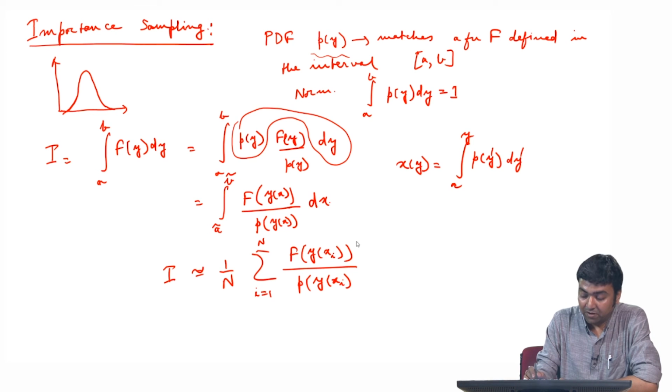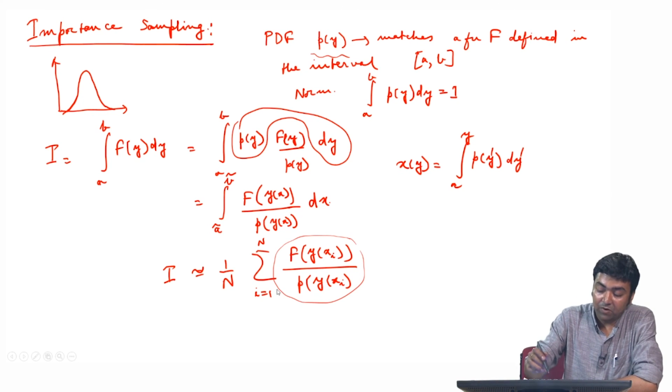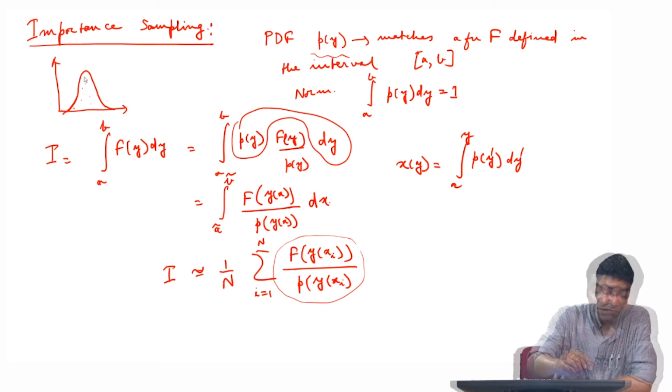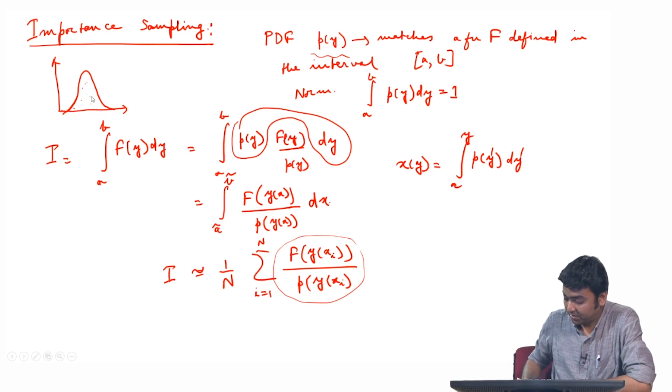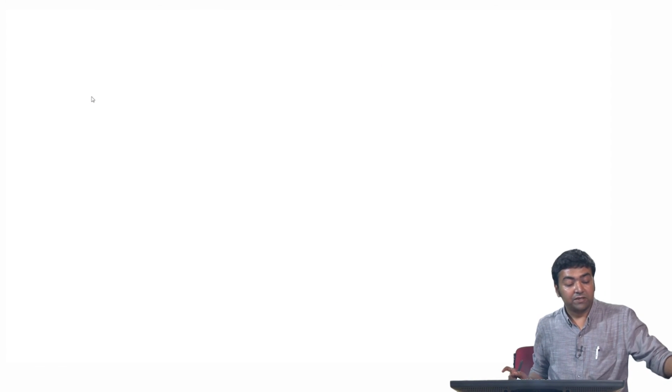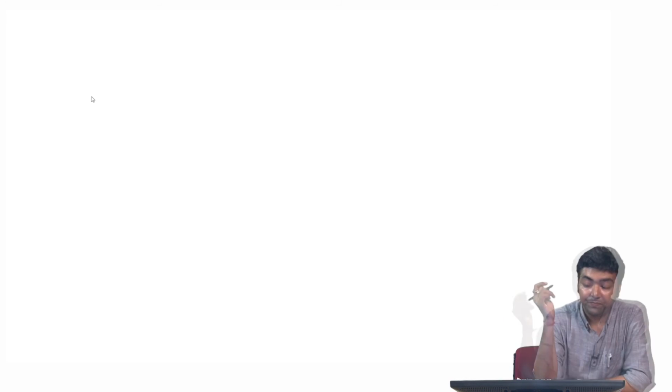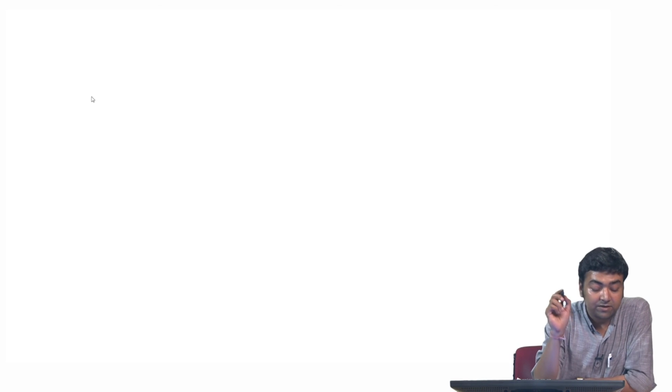Now, the shape of this function: what you are doing is modifying this function in such a way that you can have the maximum number of sampling points lying in it. But this is non-trivial to do. Having said that it is a very efficient method, it is non-trivial.